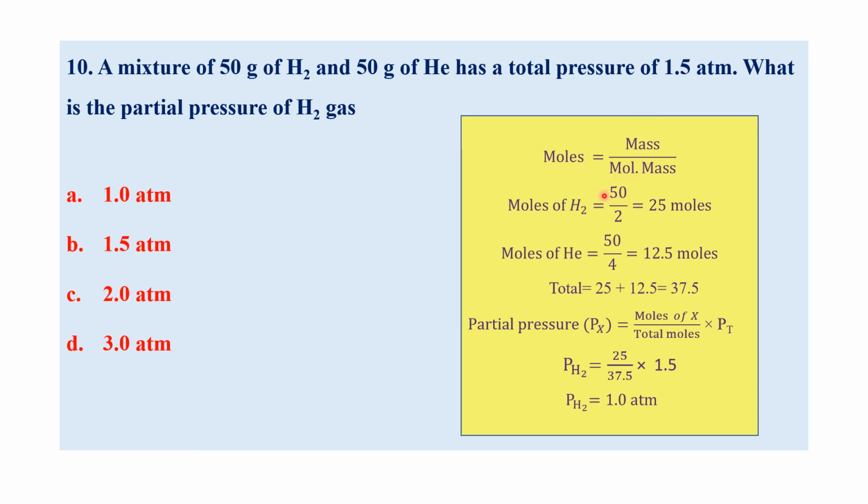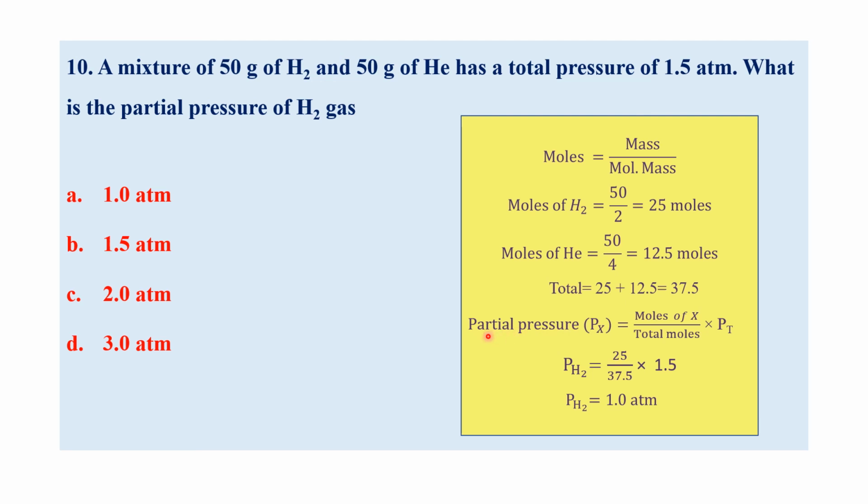Mass is given as 50 gram for hydrogen and 2 is the molar mass of hydrogen gas, so the moles of hydrogen are 25 moles. Similarly, for moles of helium, it is 12.5 moles. Now sum up, 25 plus 12.5 results in 37.5.